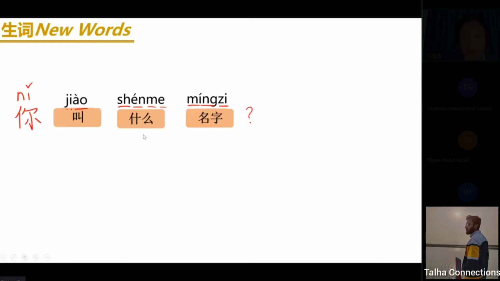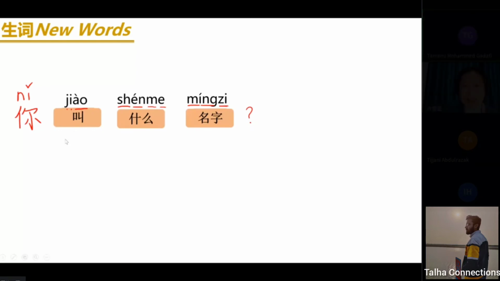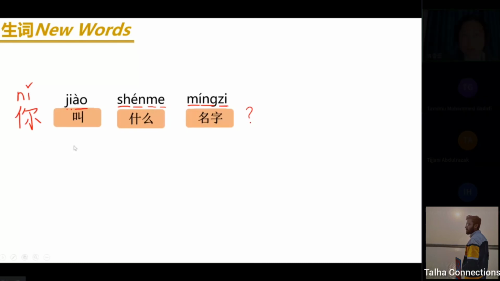So we cannot make sentences according to English word order. Chinese has its own grammatical system. So 你叫什么名字? Literally it is you called or are called what name? So the word order in a sentence is different.